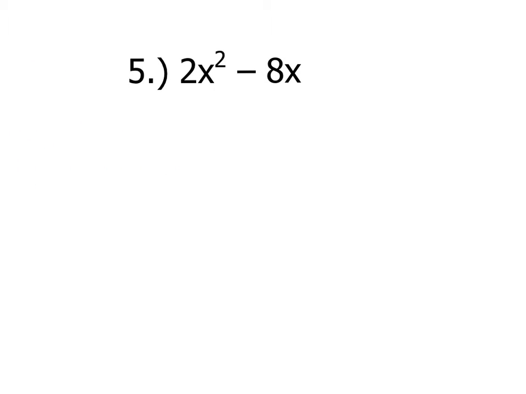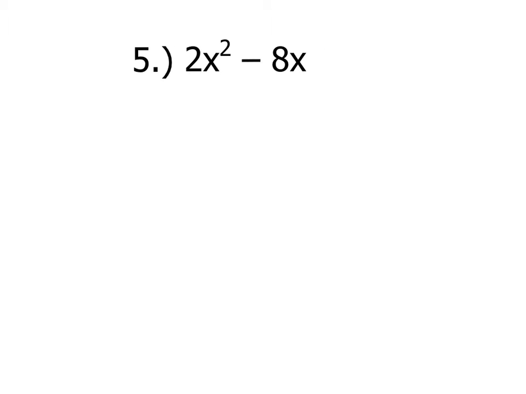Sometimes it's not factoring a quadratic or factoring at all, really. Like in this case here, sometimes it's just taking out a GCF. You can look at it and go, hey, wait a minute, I see some things that I can divide out. Like in this one, you can divide out a 2 and an x.